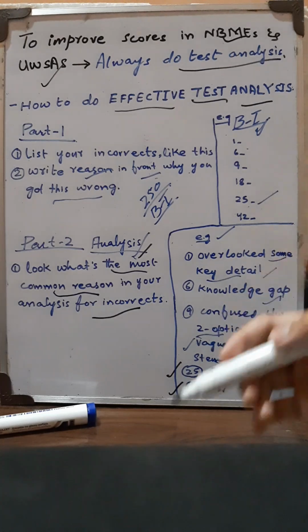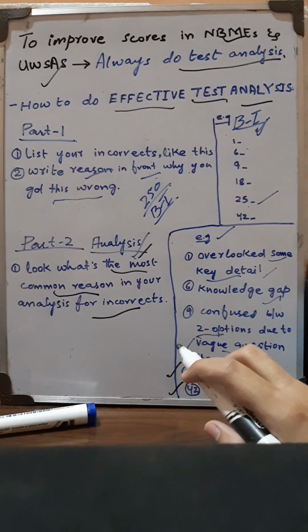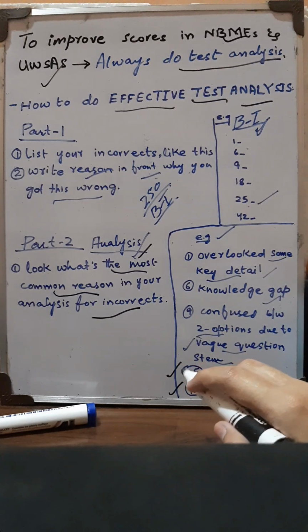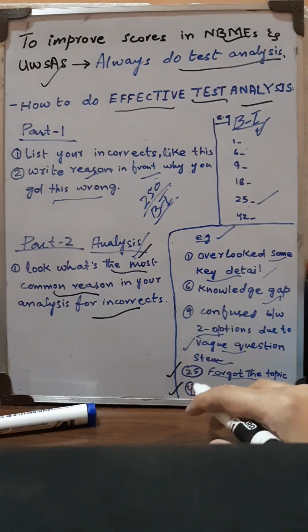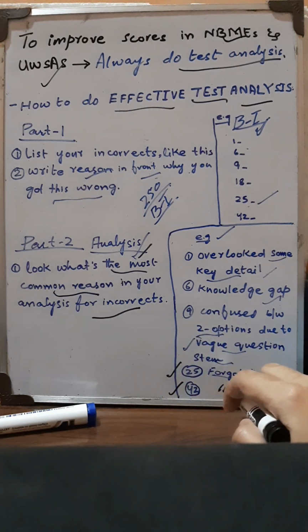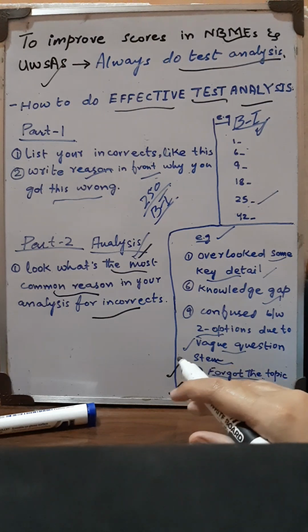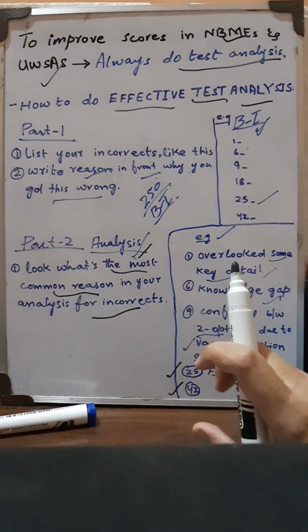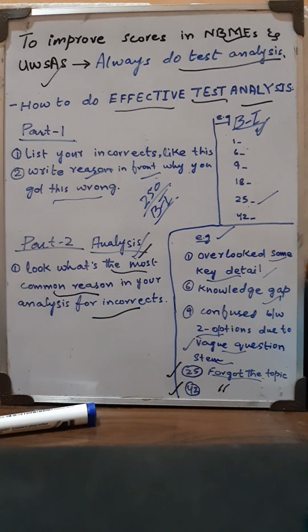So I'll be listing those topics, and I'll be reviewing the topics again and again. So the most common factor why I was getting the questions wrong was that I forgot the topic, so I'll be revising things again and again, which is basically the key thing known as spaced repetition as well, that we have to do again and again from our flashcards, from our notes, in order to have this information fresh in our minds, right?